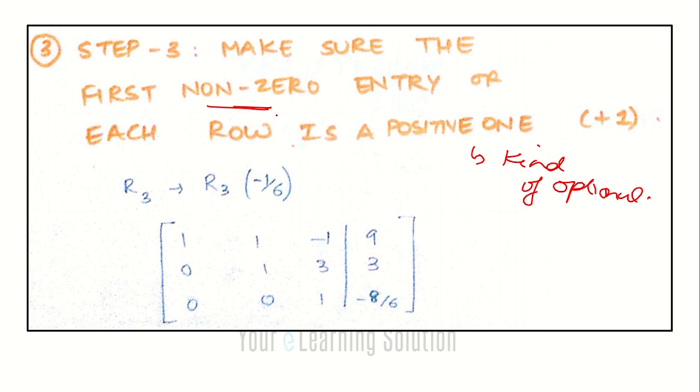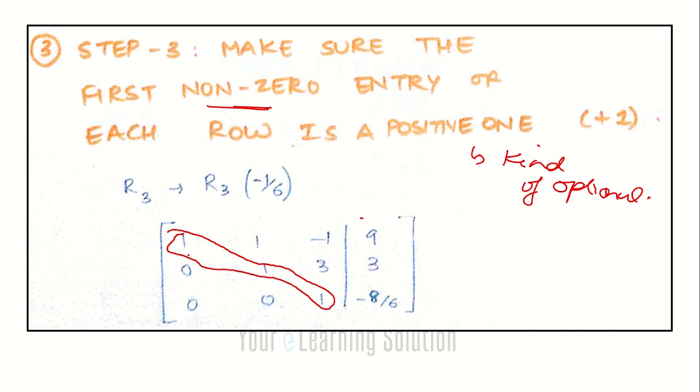So all you're saying is that for all i greater than j, aij has to be a 0, and for every leading non-zero entry in every row, it's an ideal scenario if it were equal to a positive 1.